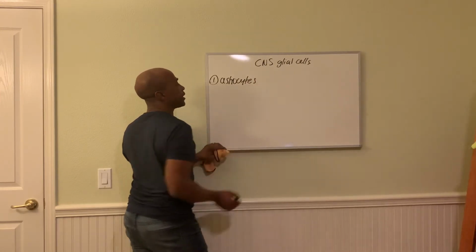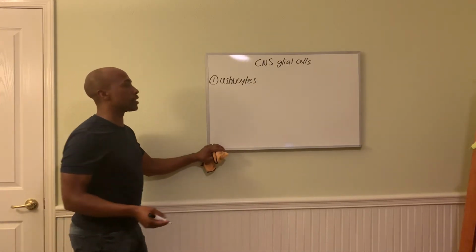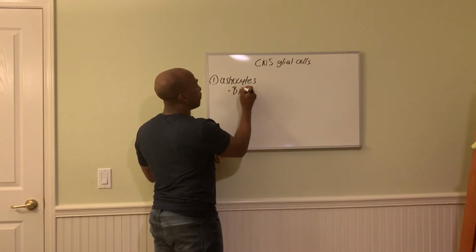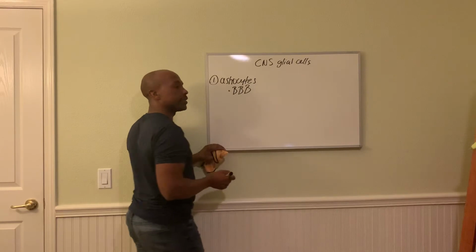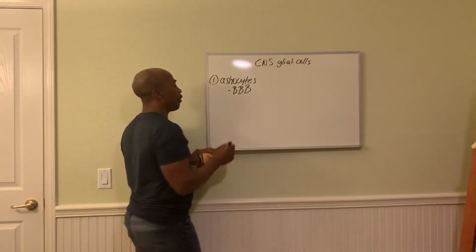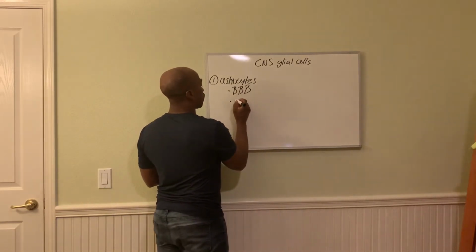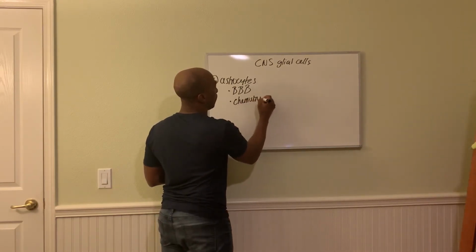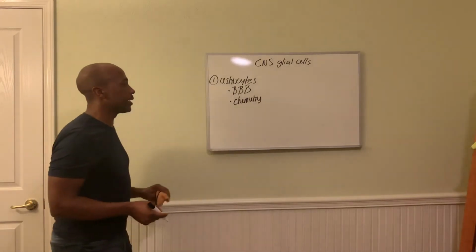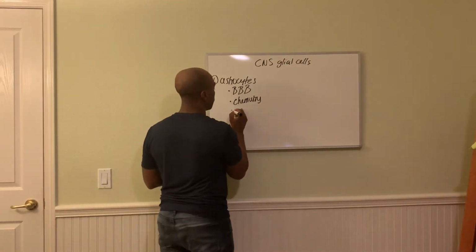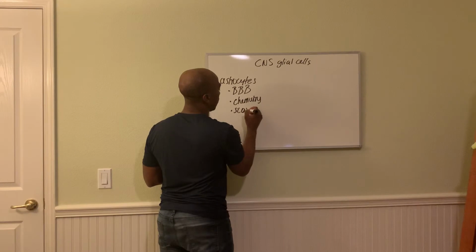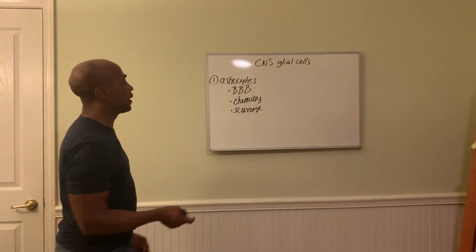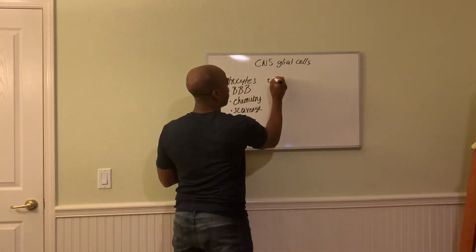Astrocytes are glial cells in the central nervous system which are involved in forming what's called your blood-brain barrier. They're also involved in controlling the brain chemistry. They can soak up harmful things in there. They can also scavenge inside the brain environment.